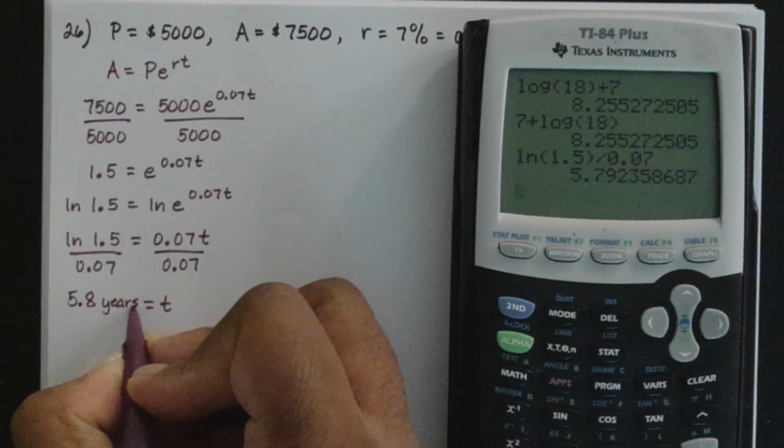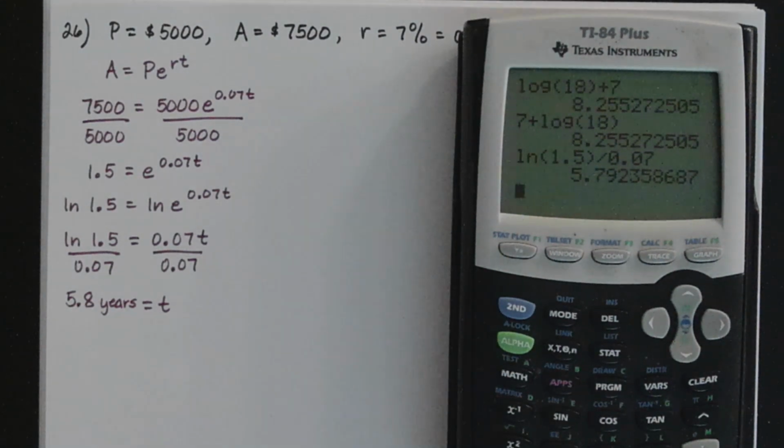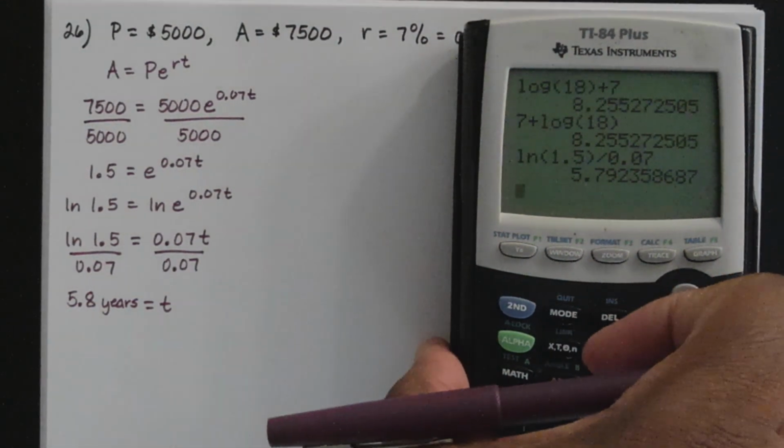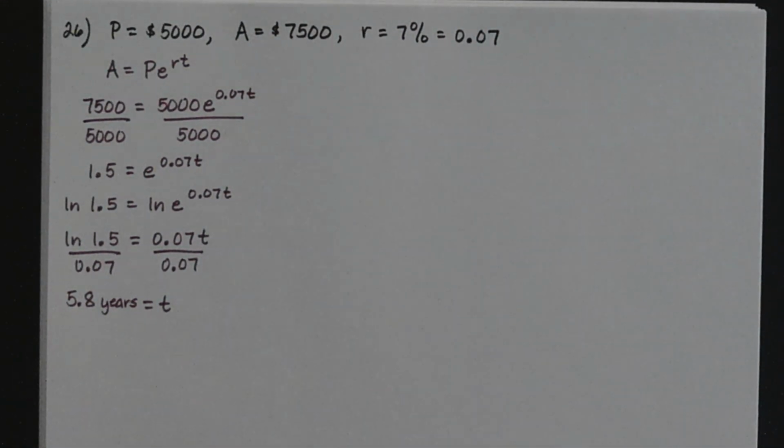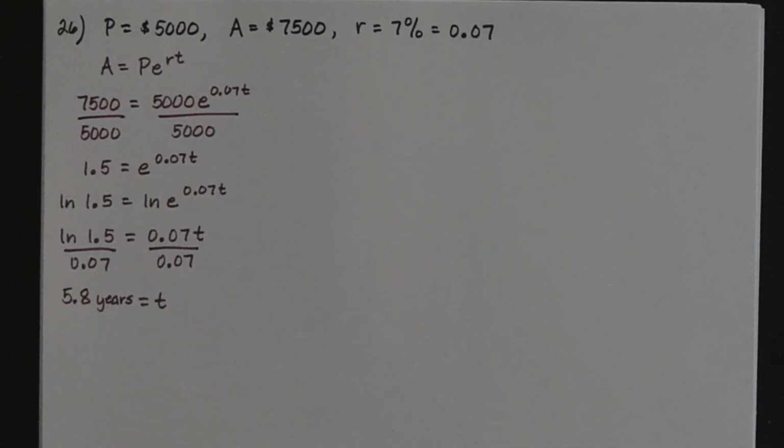And our time is in years, so that means it's going to take approximately 5.8 years for a $5,000 investment to reach $7,500 at 7% compounded continuously.